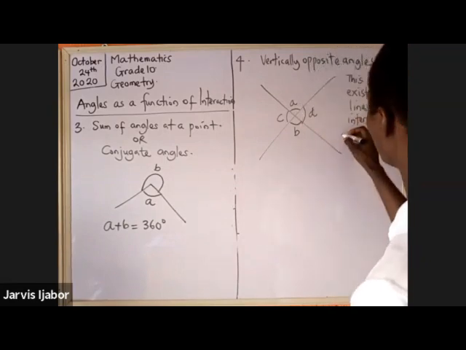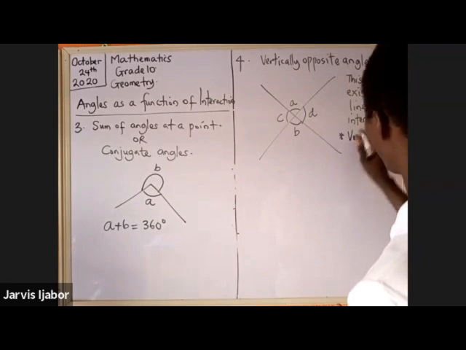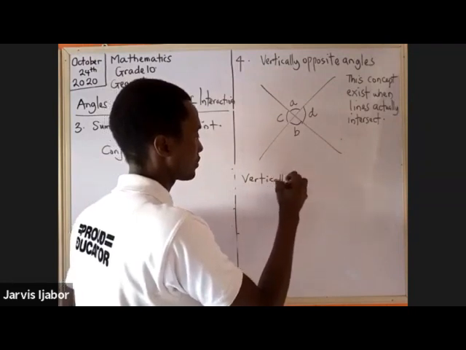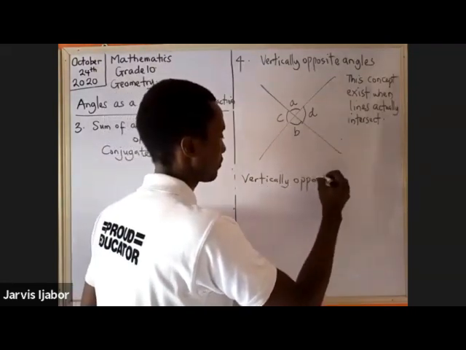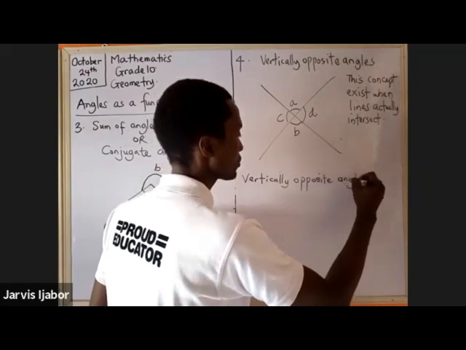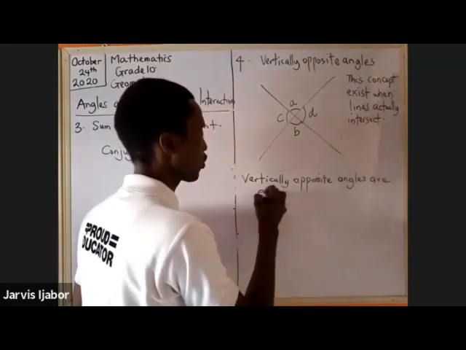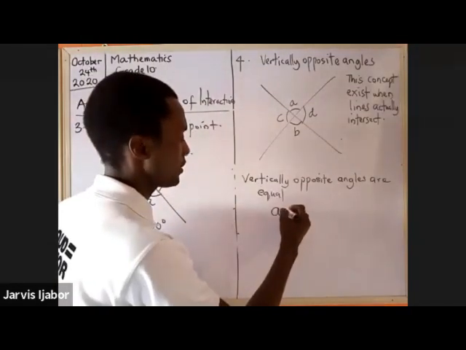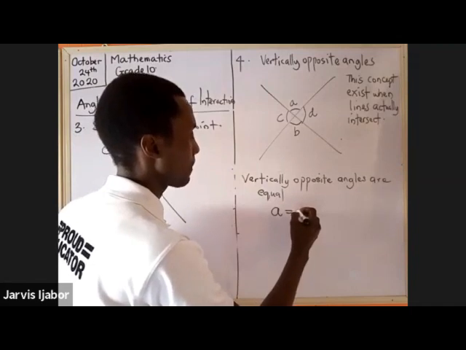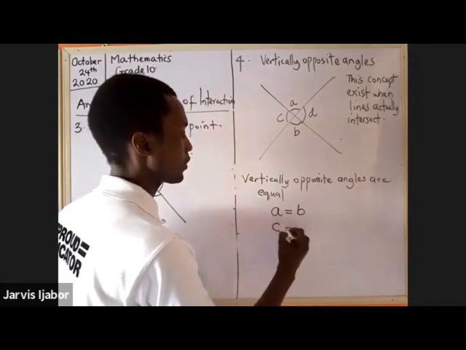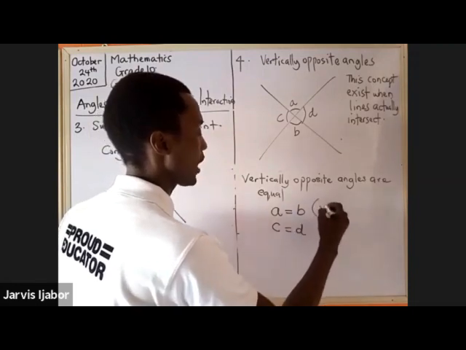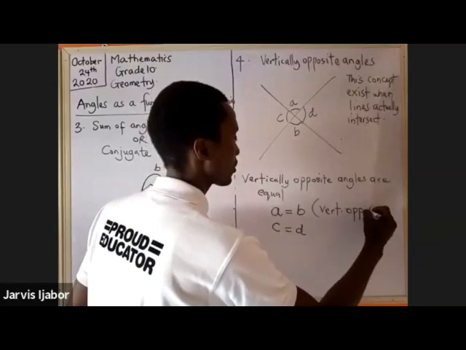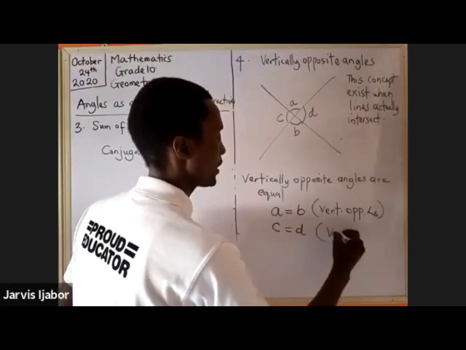So vertically opposite angles. Okay, let's take a note there. Vertically opposite angles are equal. Vertically opposite angles are what? Equal. So A is equal to B, and C is equal to D. We say that they are vert opp angles.